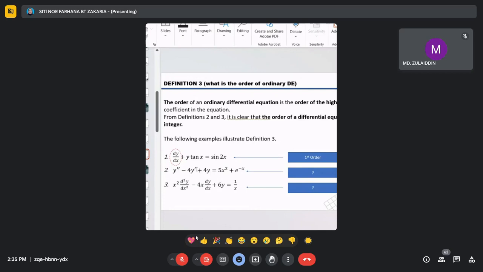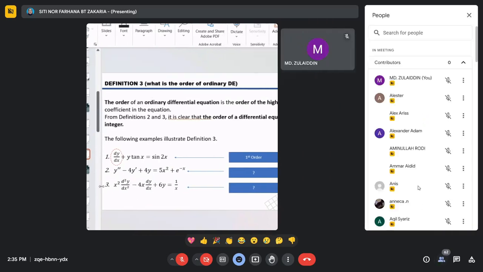But we refer to the highest order to define the DE. So the third equation, first or second? Okay, good. This is second order because you have x power of 2, d power of 2 y over dx power of 2. So this is how we write our DE.